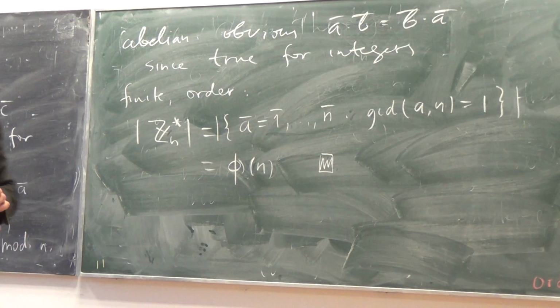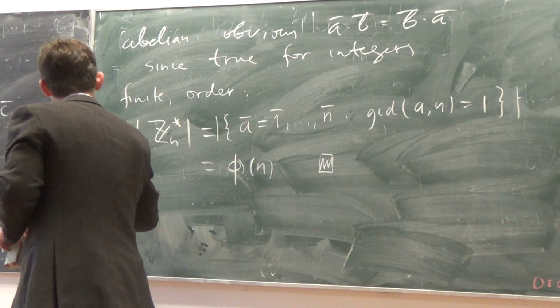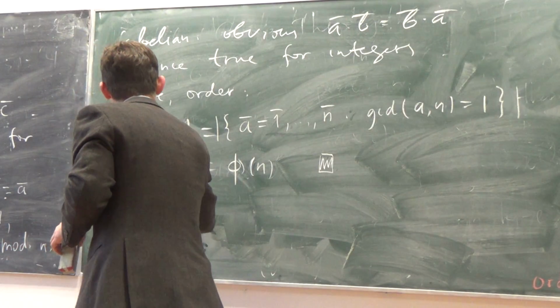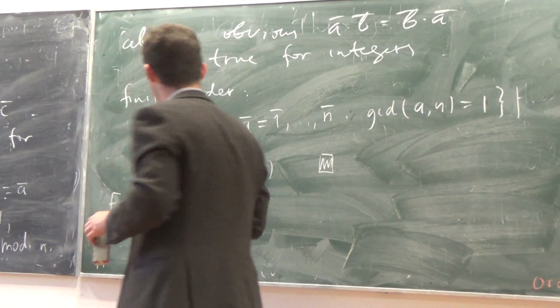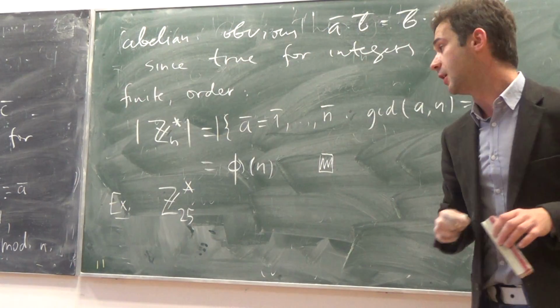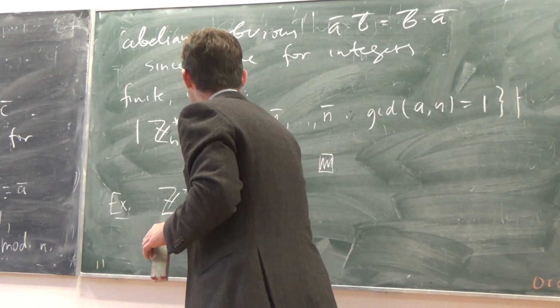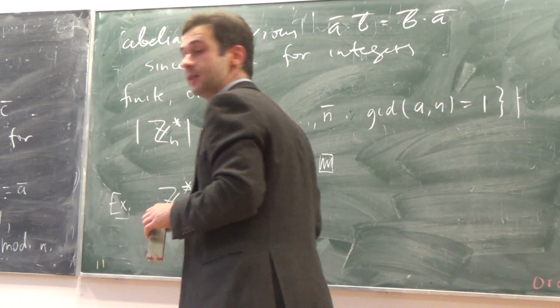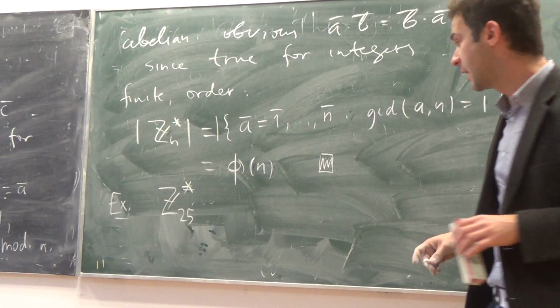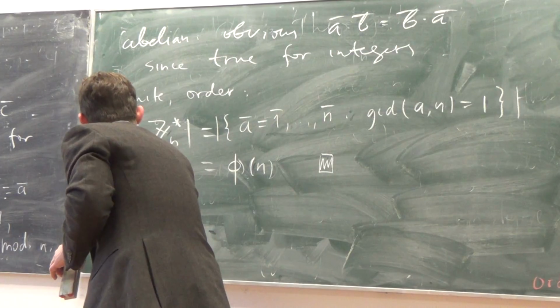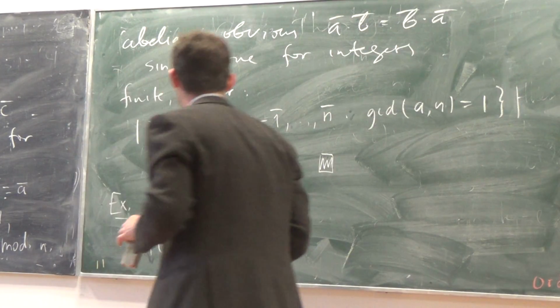Just to get a bit of a break from the general thing, let's look at an example. If I look at Z25 star, we haven't seen this guy before, so let's think a little bit about what this group is. First of all, I know that the order is phi of 25.